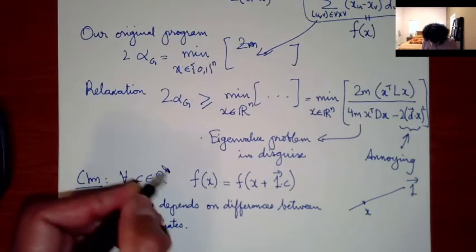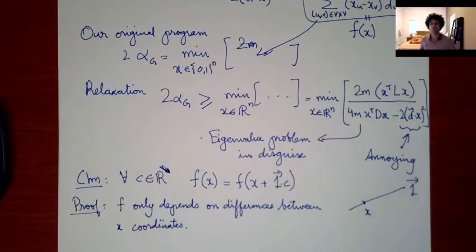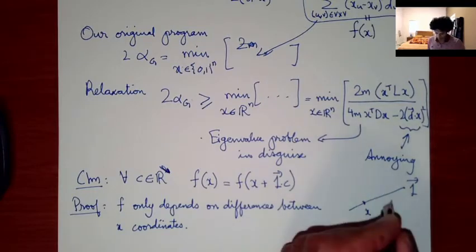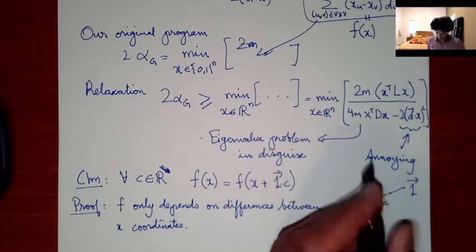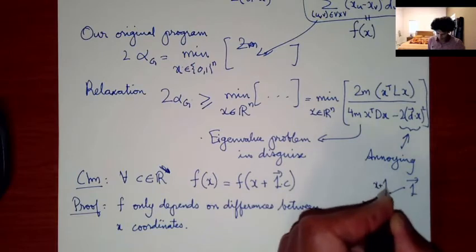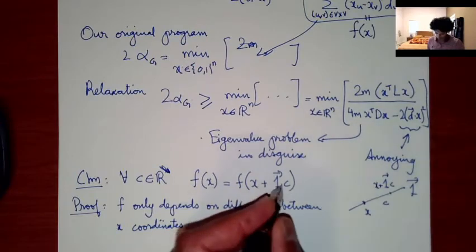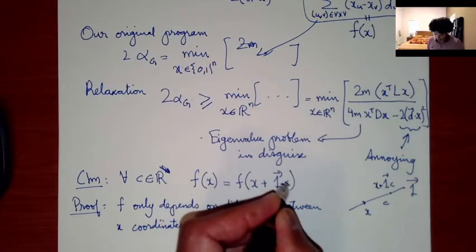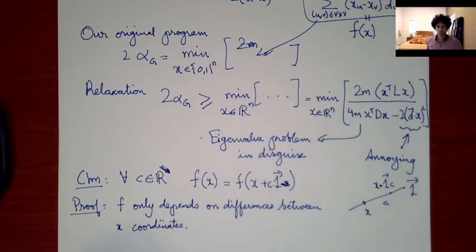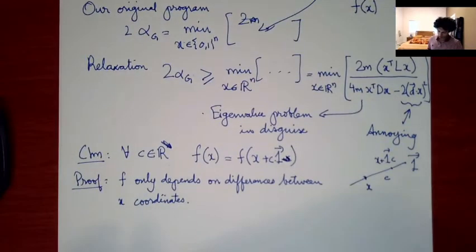Oh, I'm sorry. C is a scalar, not dot product. You're right. So this is x plus 1 c. So maybe I should write this as c times 1. It's a scalar. So it means I can shift along the scalar and it doesn't change the value.